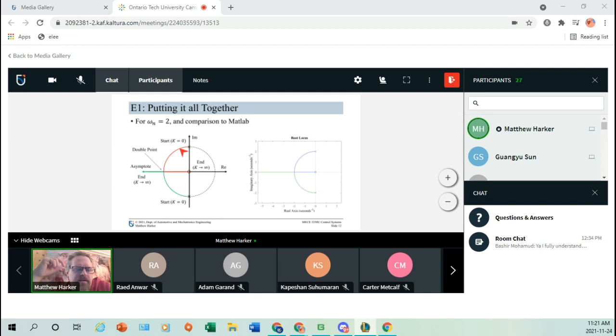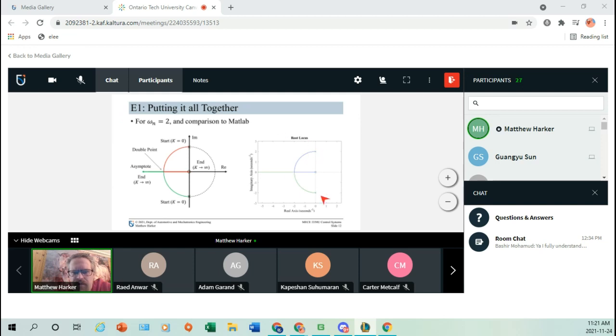The start and the end and the double points and things like that. And then of course you can take a bunch of test directions if you want to sketch points on the locus and follow those, using magnitude conditions and the angle conditions. That should tell you where a point lies on the curve. But again, MATLAB is really the choice of the designer here, right?